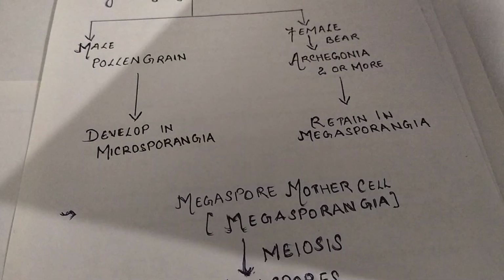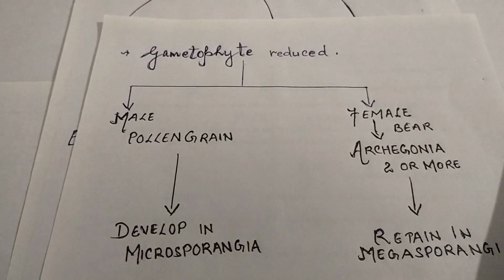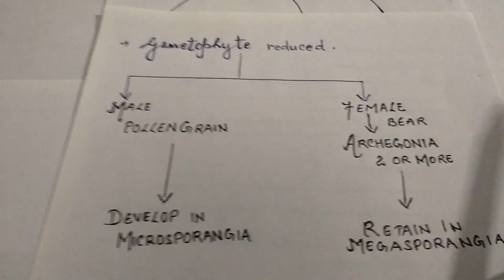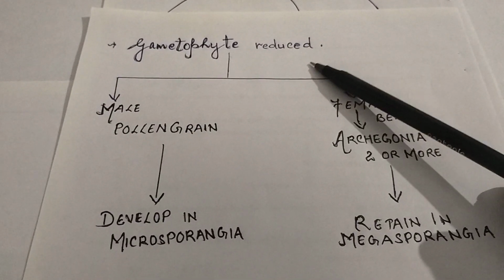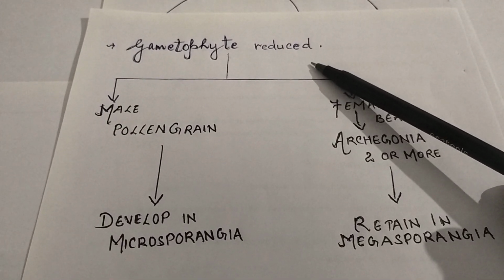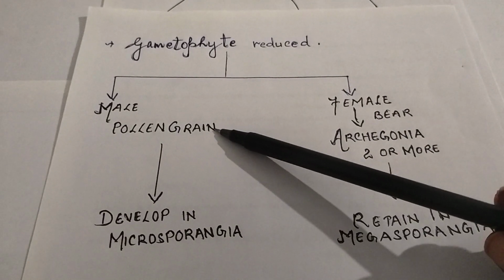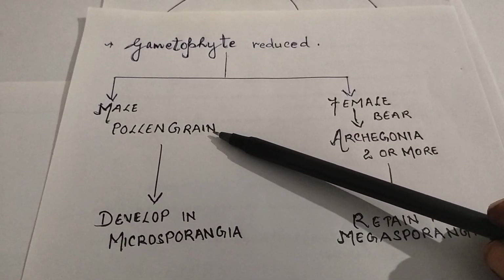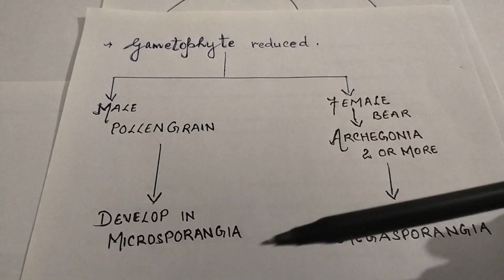Now this male gametophyte is known as pollen grain. Okay, the male gametophyte in gymnosperms is highly reduced and is confined to only a limited number of cells, and this male gametophyte is known as pollen grain. Pollen grain, that is male.